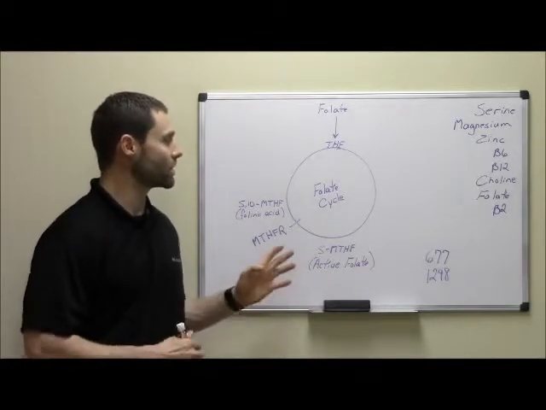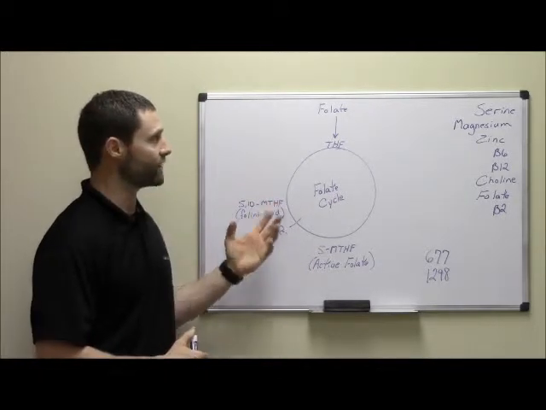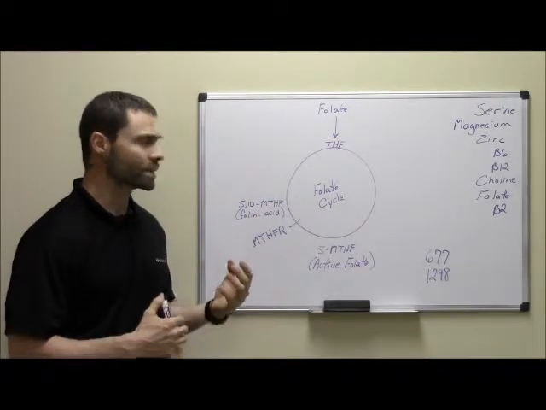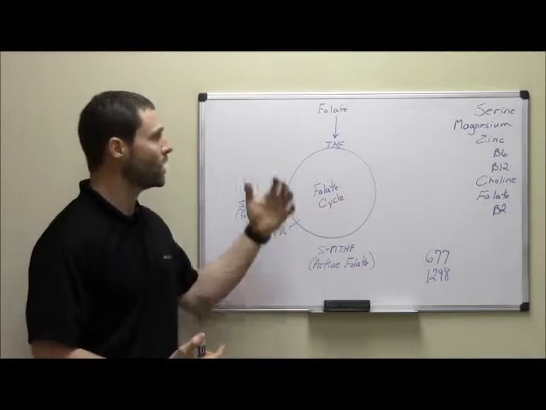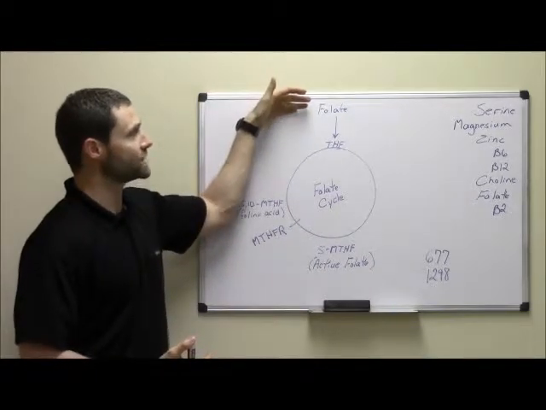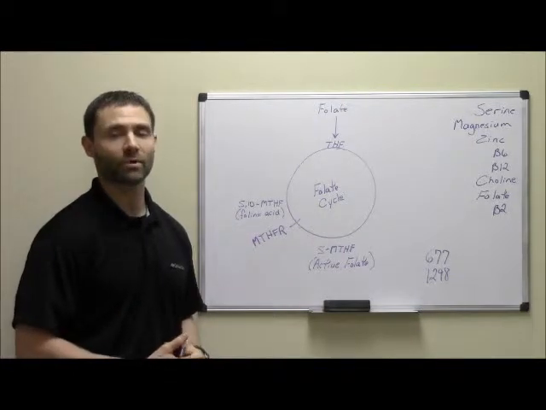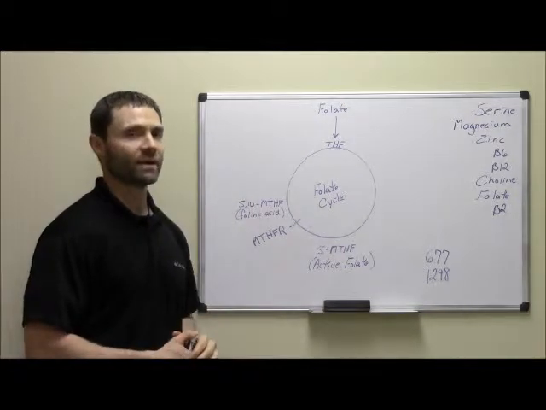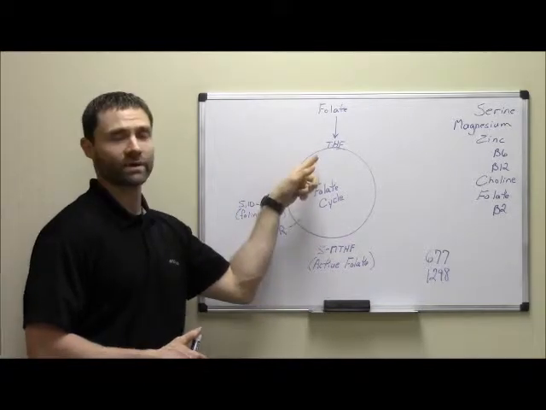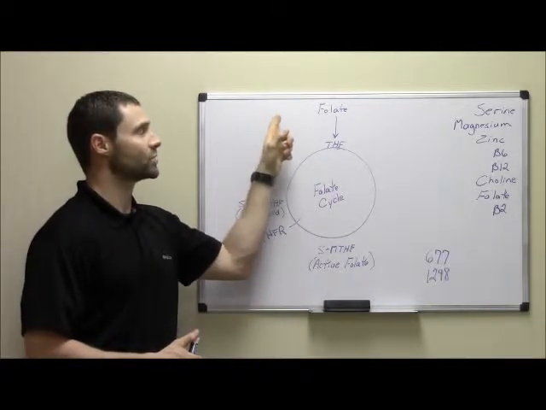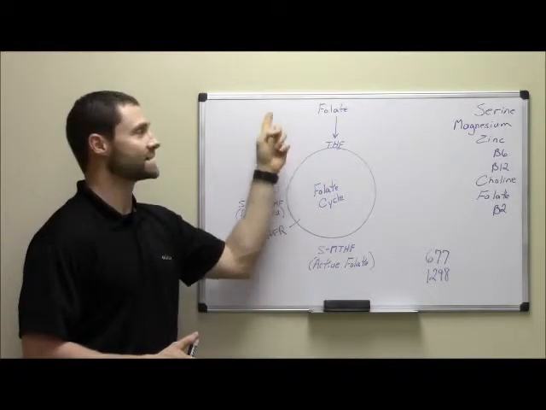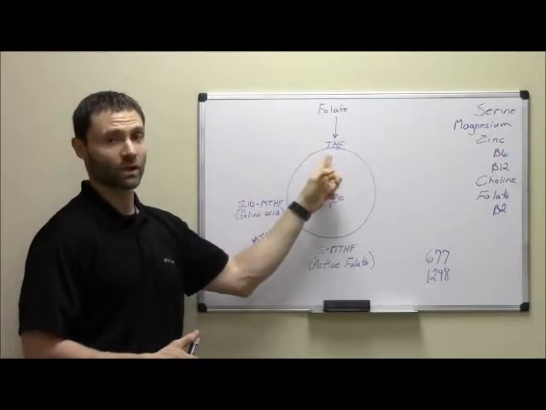So what we're looking at here is the folate cycle. When we look at the operation of the folate cycle, we bring folates in, and folates are either going to come in through, again, our diet, or they can come in through a supplemental form. We're not talking about folic acid here. Folic acid can enter into this process, but there are a few conversions that have to happen for folic acid to ultimately come to tetrahydrofolate.